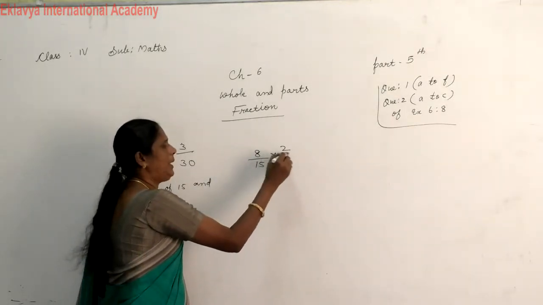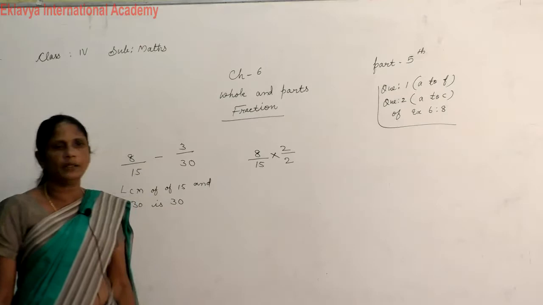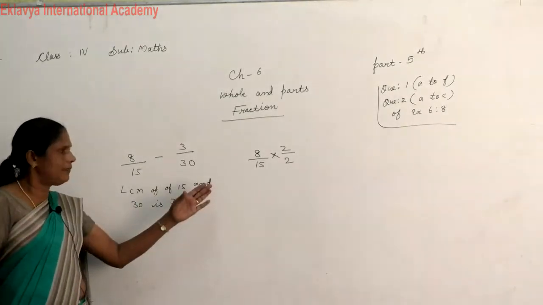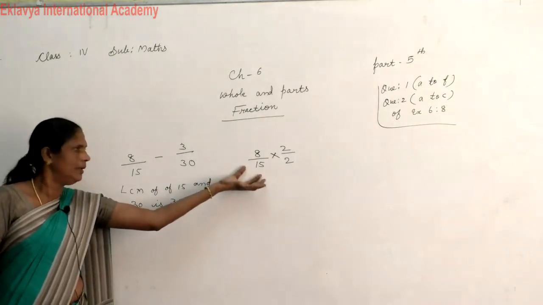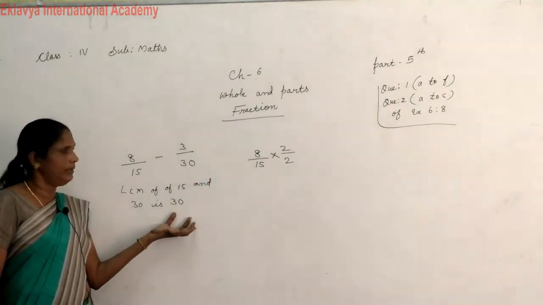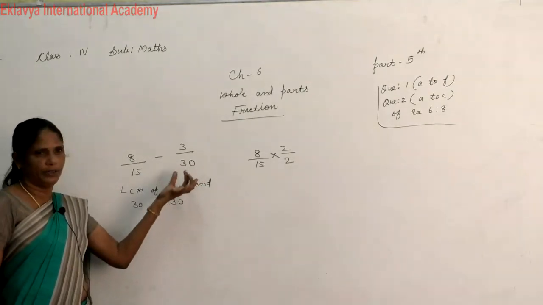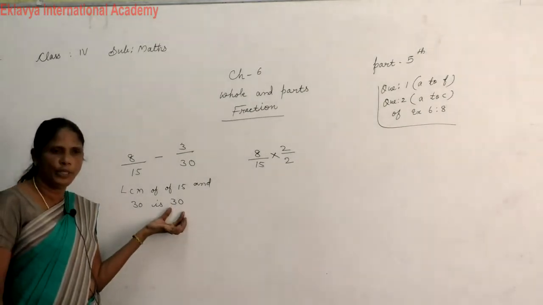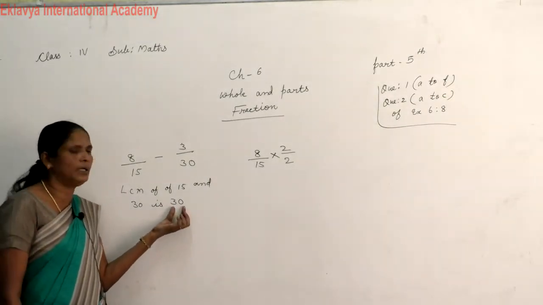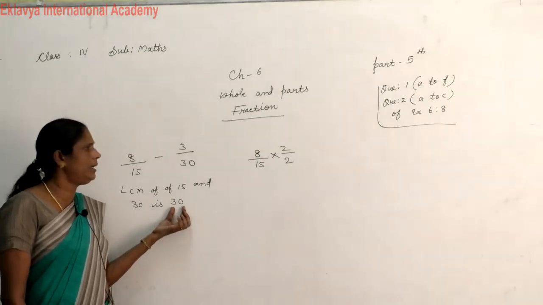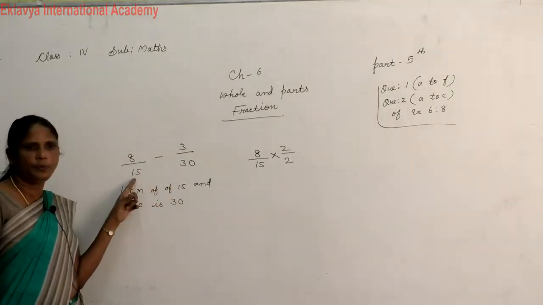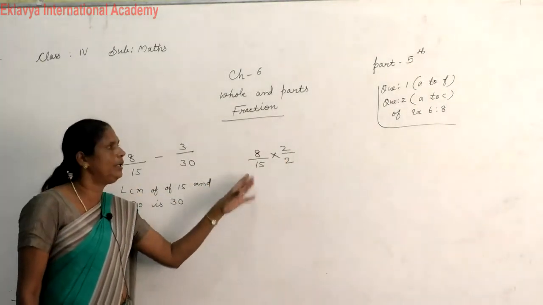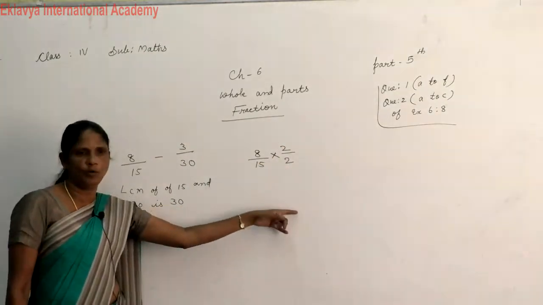Then you multiply the numerator and denominator. First you write your fraction, then you divide the LCM by each denominator. Our LCM is 30. 30 divided by first 15, we get 2. Then we multiply the numerator and denominator.